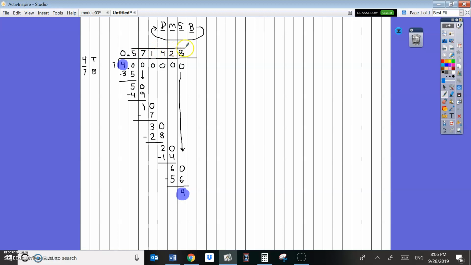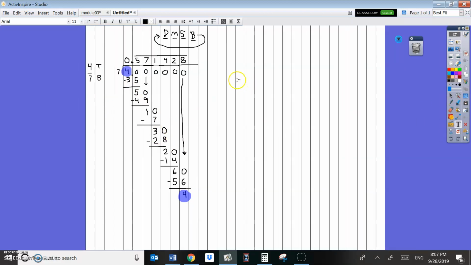It's interesting to look at on the calculator. Remember that every fraction is a division problem.